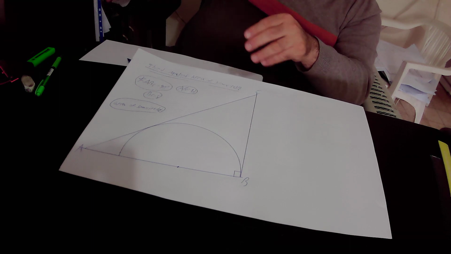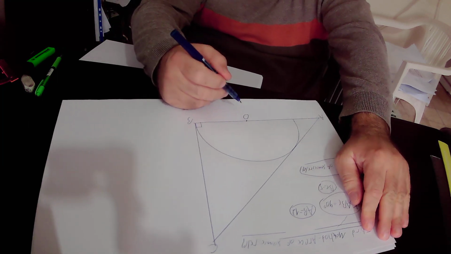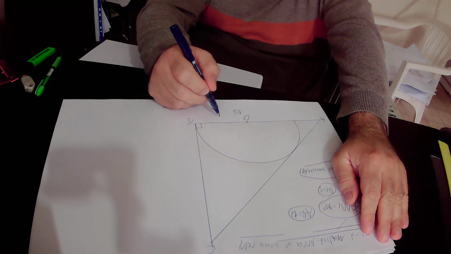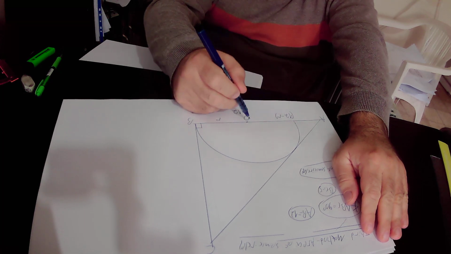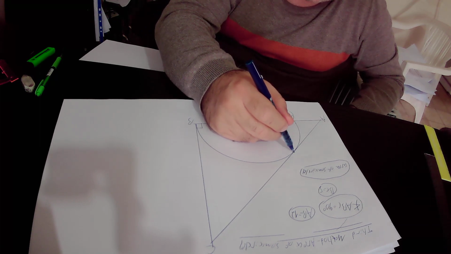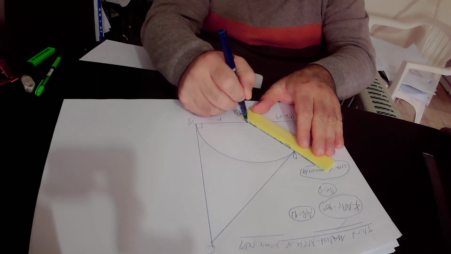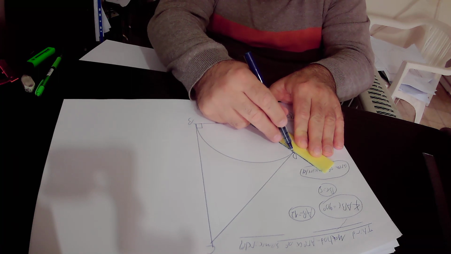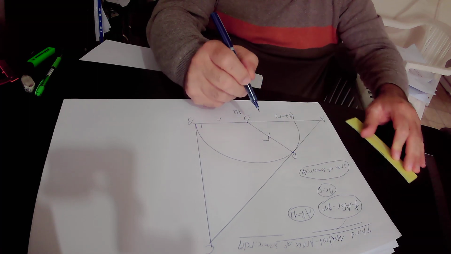So in the first method we have already found out that the center of the circle is point O, AB equals 12 units, OB equals R, AO equals 12 minus R. The touching point between AC and the semicircle is point D. OD is the radius of the semicircle, that is to say, it equals R.